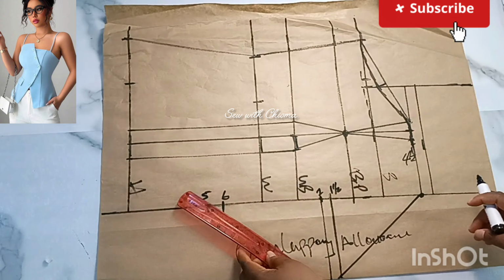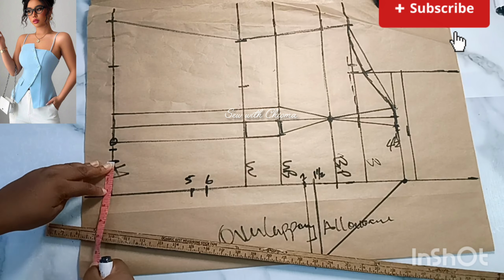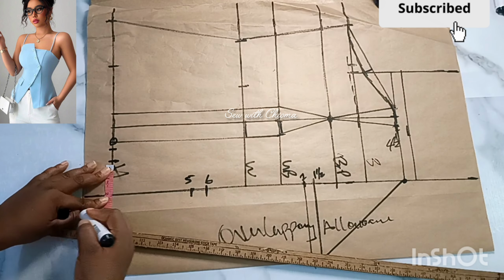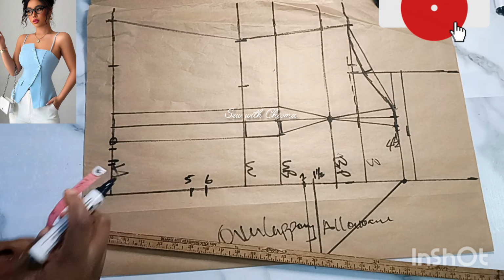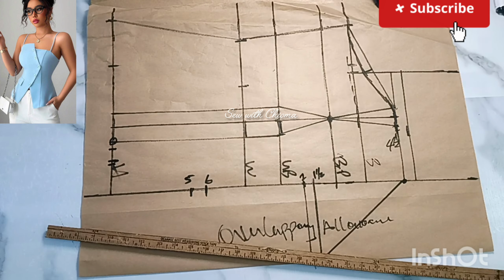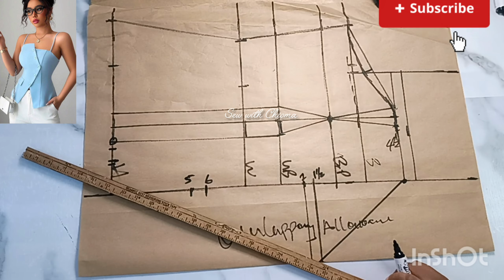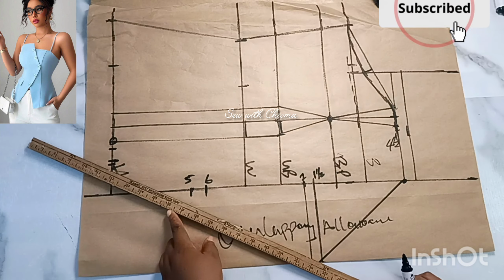Once you've done that, you get your rule. So you indicate where you want. Once you indicate what you want, you place your rule and connect it.